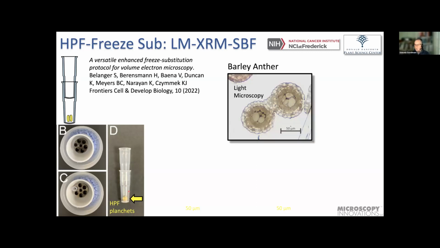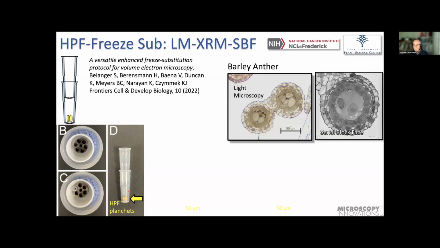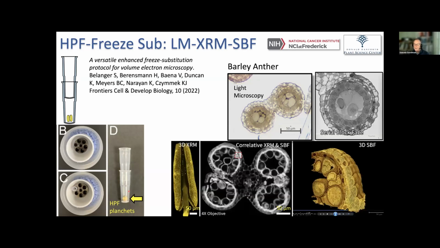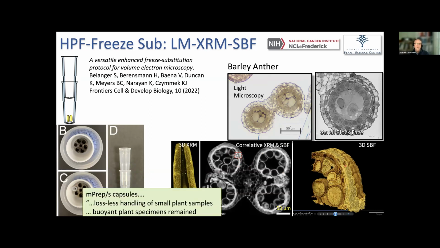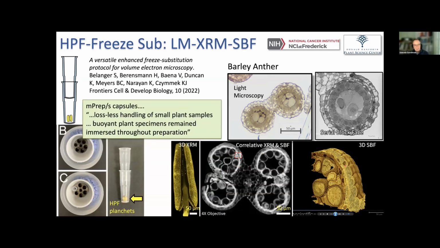And they're able to then use this in a correlative approach: the light microscopy before freezing, serial block face, and correlative XRM. We see this region and this analysis. And an advantage that they describe here is they have a lossless handling of small plant samples.